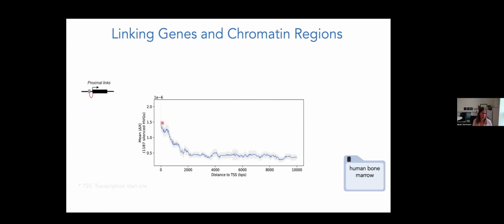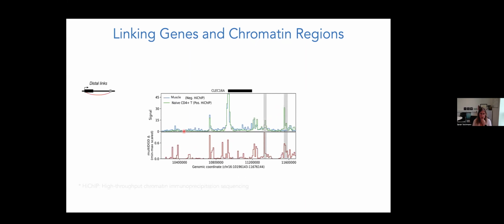What you can see here is a kind of common sense test: most of the changes the model predicts are close to the promoter. That makes sense, with promoter regions and proximal enhancers changing.